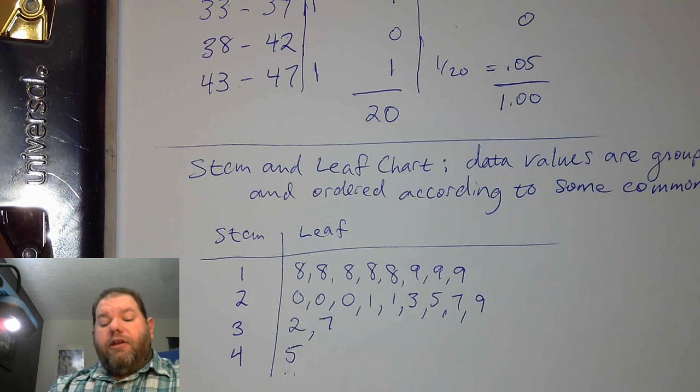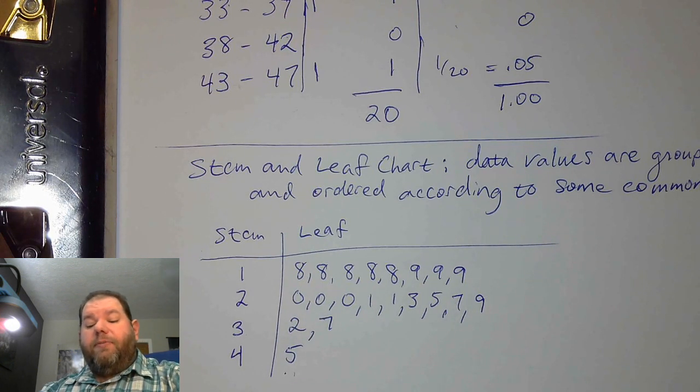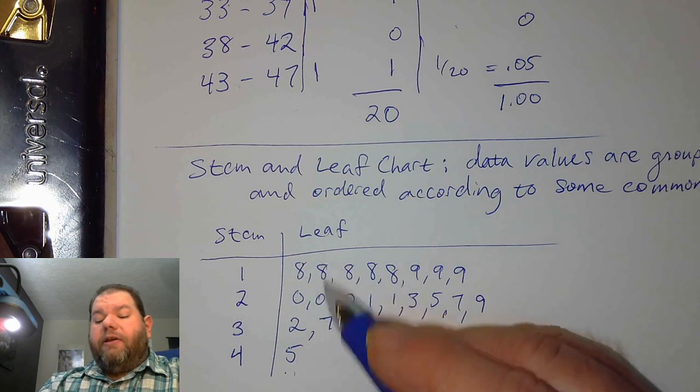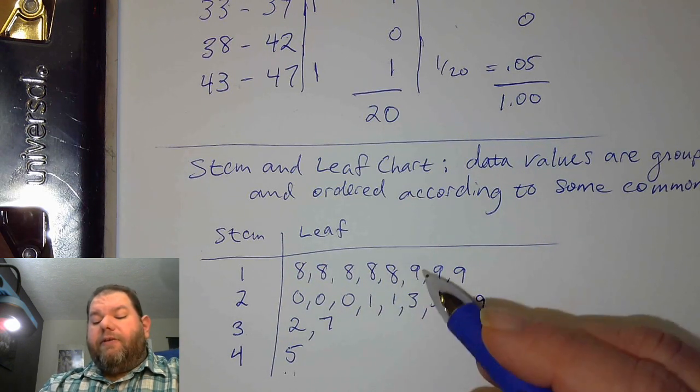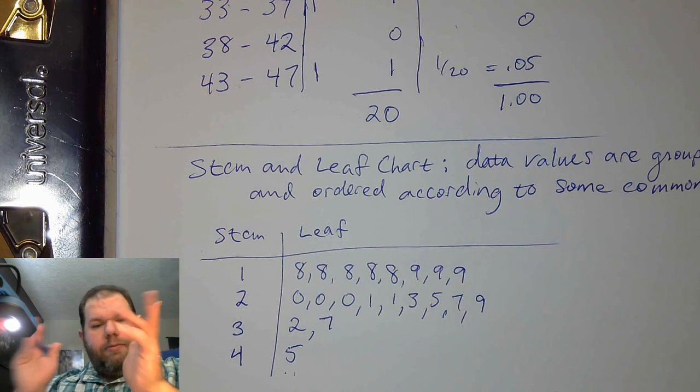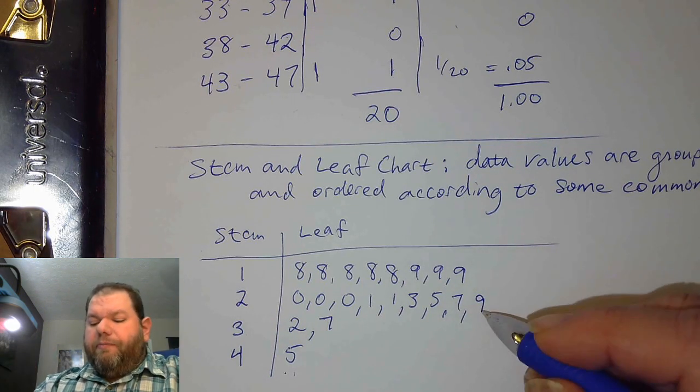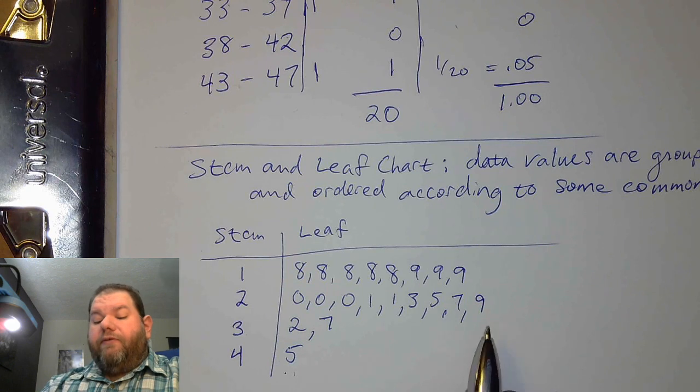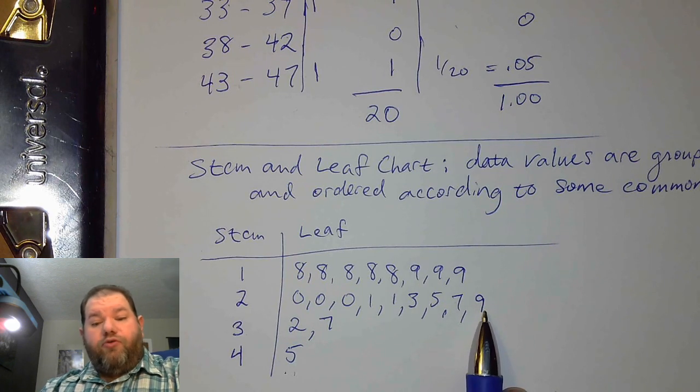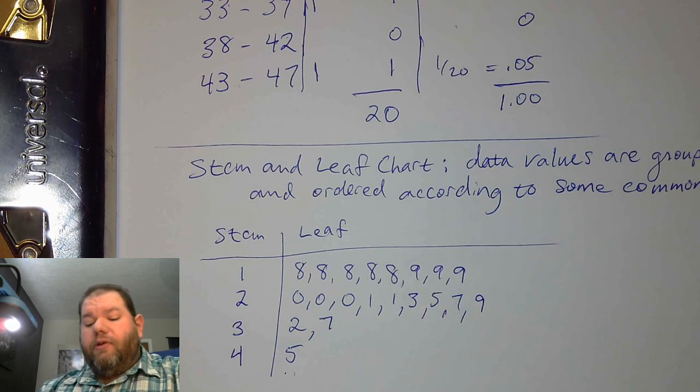You'll notice that in each of these cases we arrange them in order from low to high per stem. I also tried to make evenly spaced columns, quote unquote, where we can actually see that there's one more person in their 20s than there are in their teens.